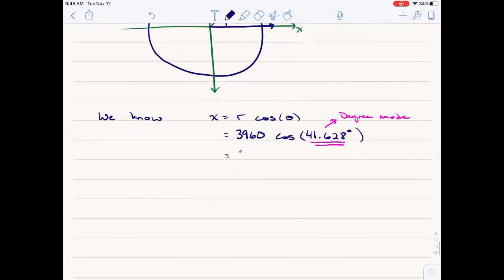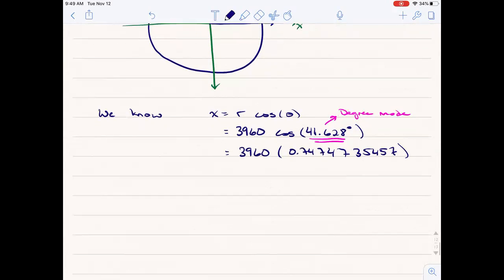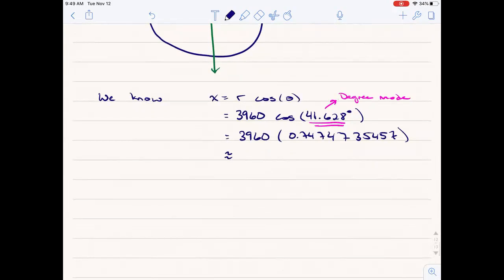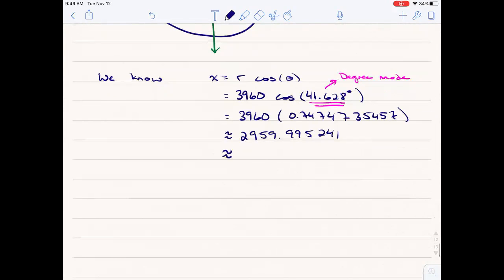I'll just show some work here. 3960 times 0.747473547, et cetera, not losing any decimal places, is approximately 2959.995241, which if we're rounding is 2960 miles.